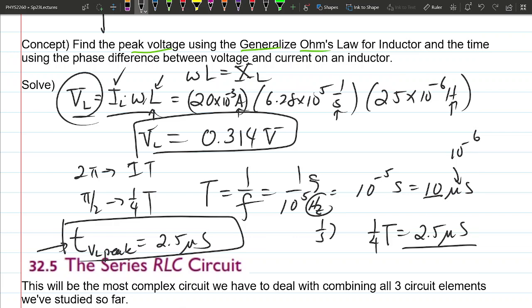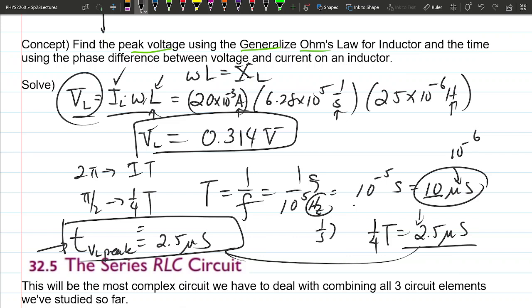So you're basically converting these angular quantities to temporal quantities. One period is 10 microseconds, and therefore a quarter of a period, which is how long it takes to shift by 90 degrees, is 2.5 microseconds. And don't get this same number confused.